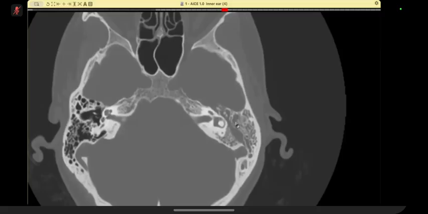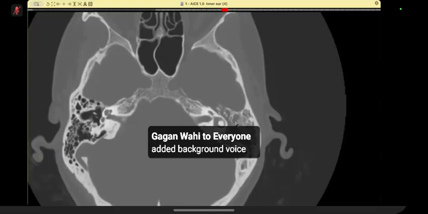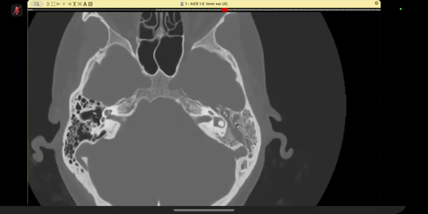There is no bony destruction, and there is soft tissue filling the middle ear and the mastoid. So I'm going with infection rather than malignancy. There is no bony destruction. The symptoms were that the patient has got no signs of infection or anything.